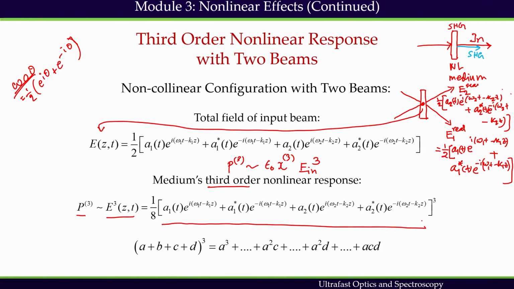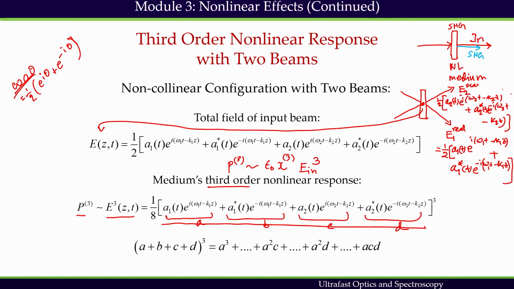If I cube it, I can consider this term to be A, this term B, this term C, and this term D. This reduces to the standard expansion of (A plus B plus C plus D) whole cube, which can give many terms. And we know each term is interesting and gives rise to a certain nonlinear effect. We have seen that before.